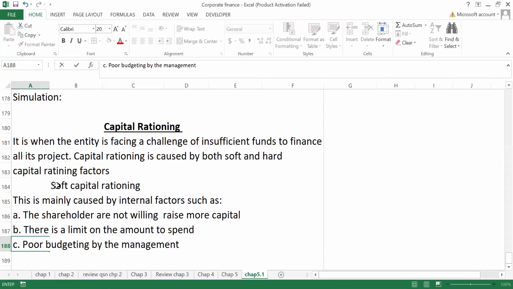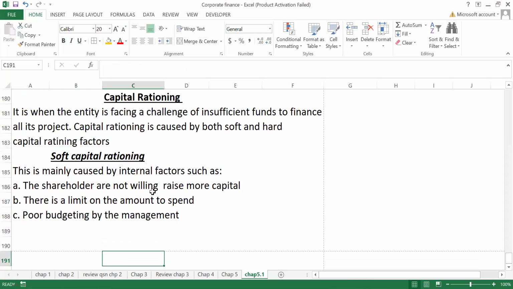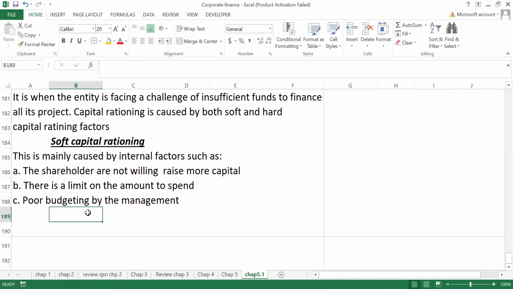Now, if you go to hard capital rationing, still you have insufficient funds, but the insufficient funds are caused by factors that are external to the entity.